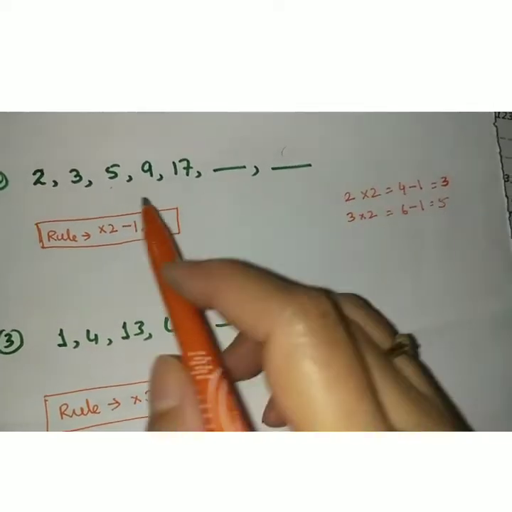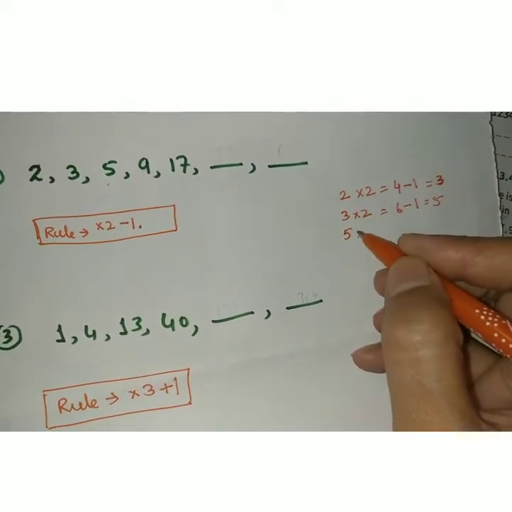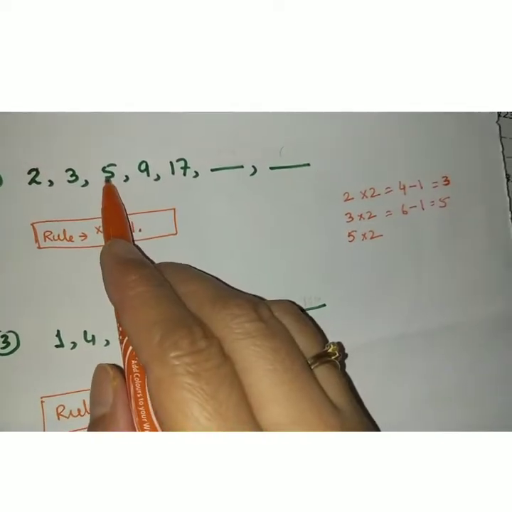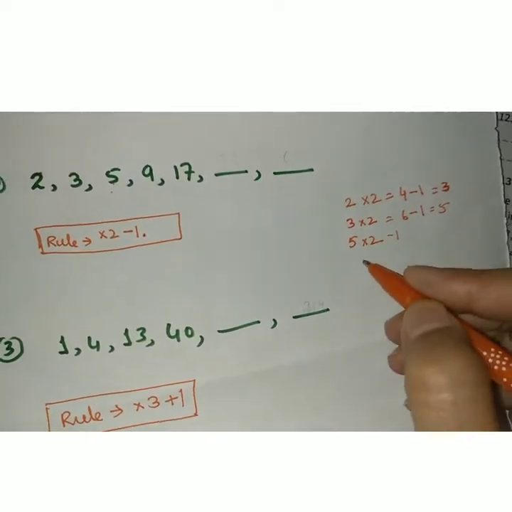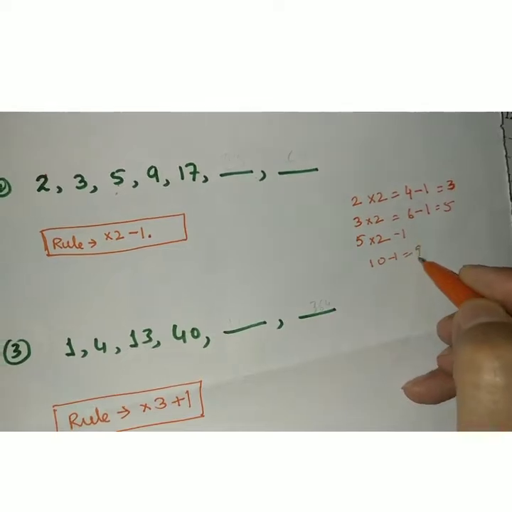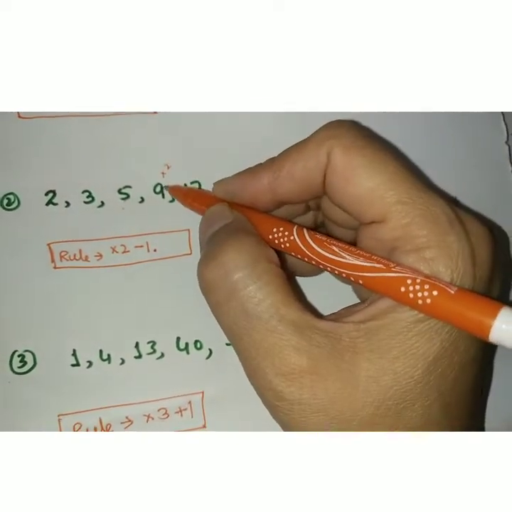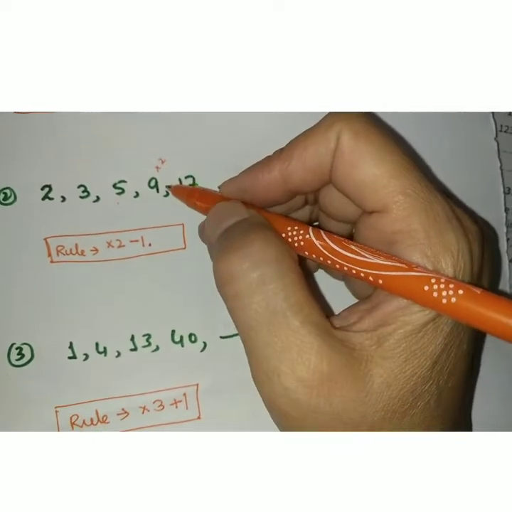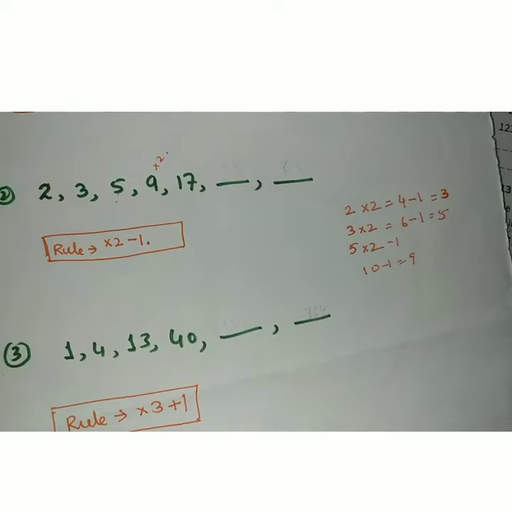The next number is 5. Now for the 9, 5 multiplied by 2 minus 1, that is 10 minus 1, 9. 9 multiplied by 2, that is 18. 18 minus 1, that is 17.